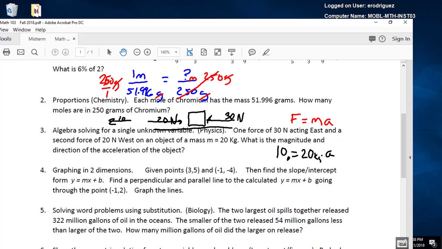Pause here. Here and here. Let me go back this way. So here we go.